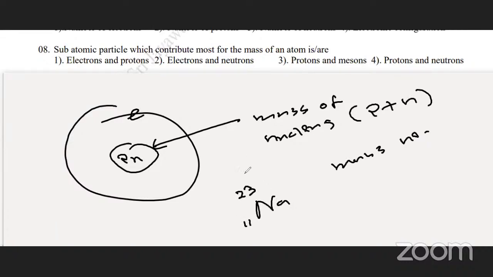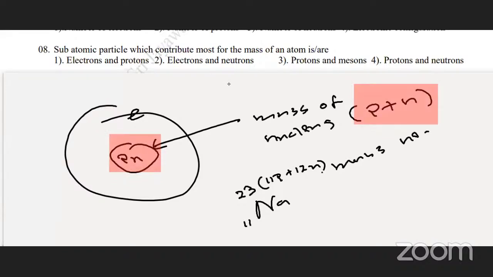Atomic number 11. That means this sodium has 11 protons and 12 neutrons. That is the mass number. But we don't add the 11 electrons here, otherwise it becomes 34. So for the mass number, we consider the mass of protons and neutrons, because the mass of an atom depends on these two, the mass of the nucleus.